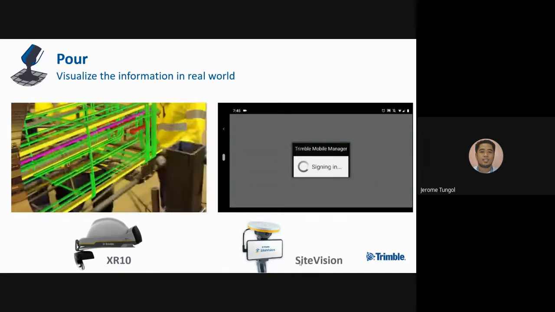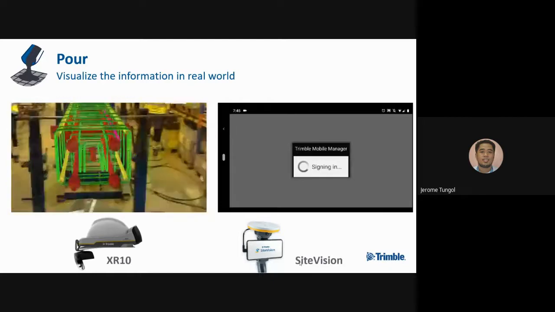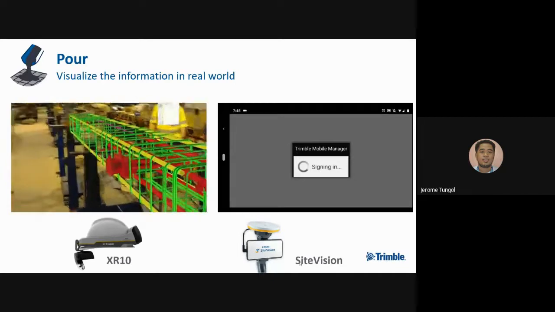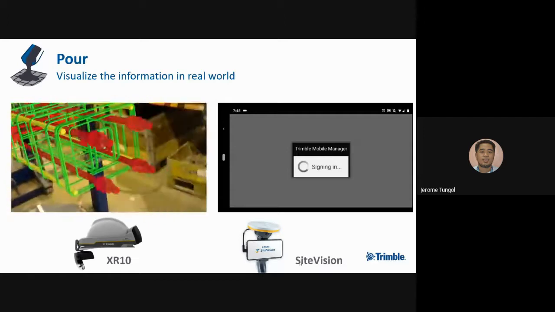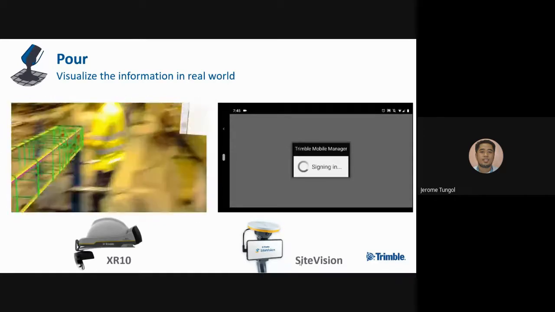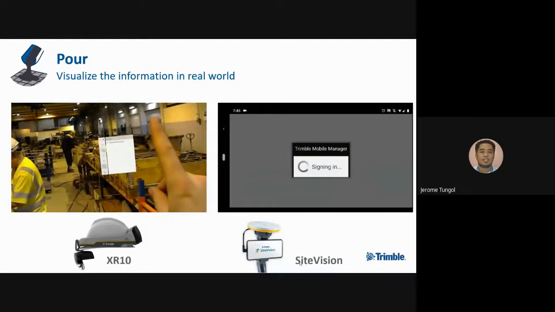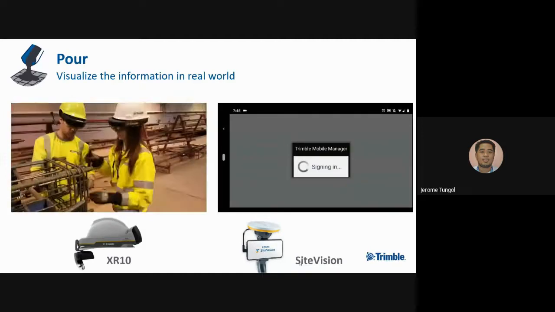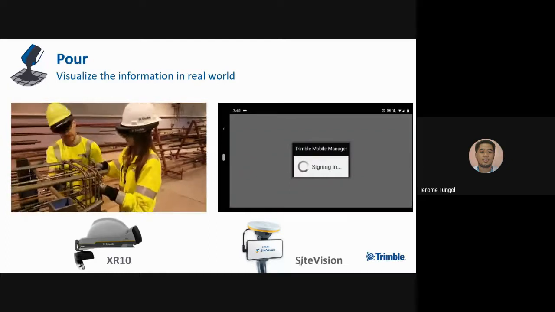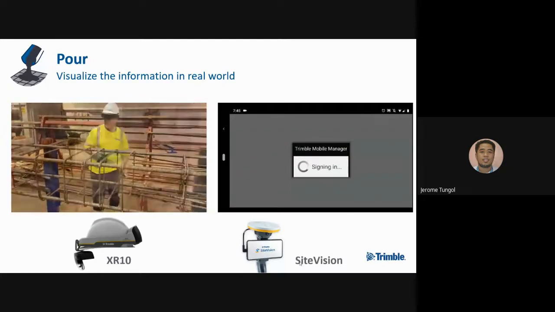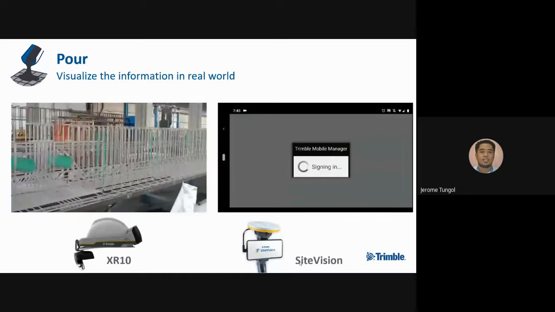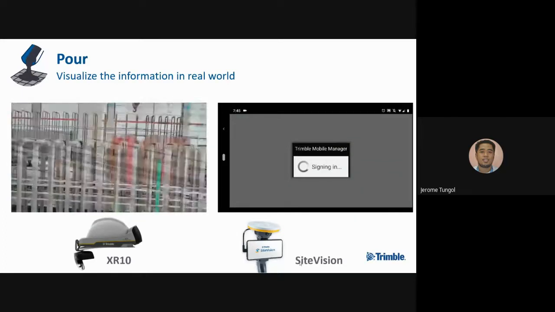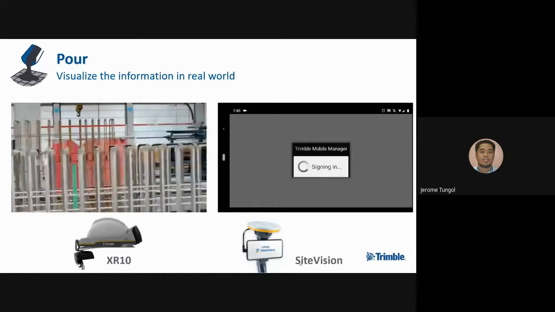By using this, you can ensure the rebar will be fabricated accordingly like in the model. They are using it already on the site, so they are not using paper. They are using the model already. So as you can see, fabricated rebars and model rebars fit together.